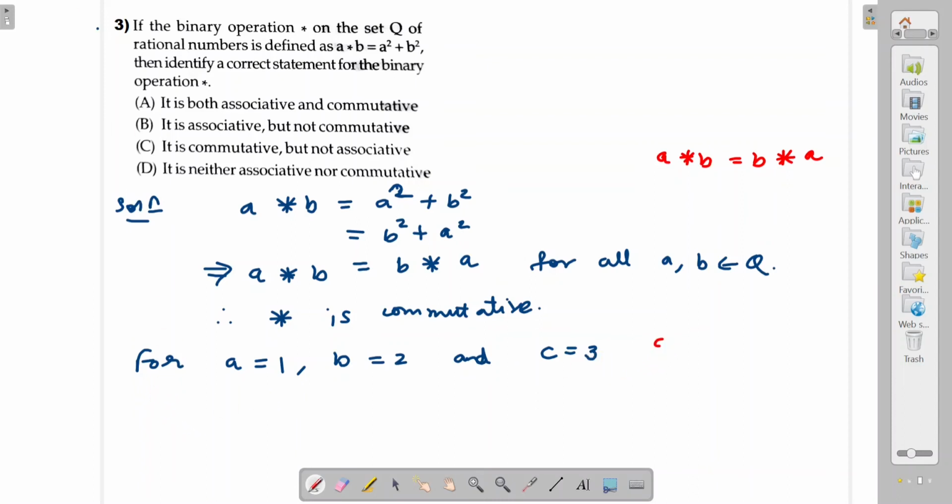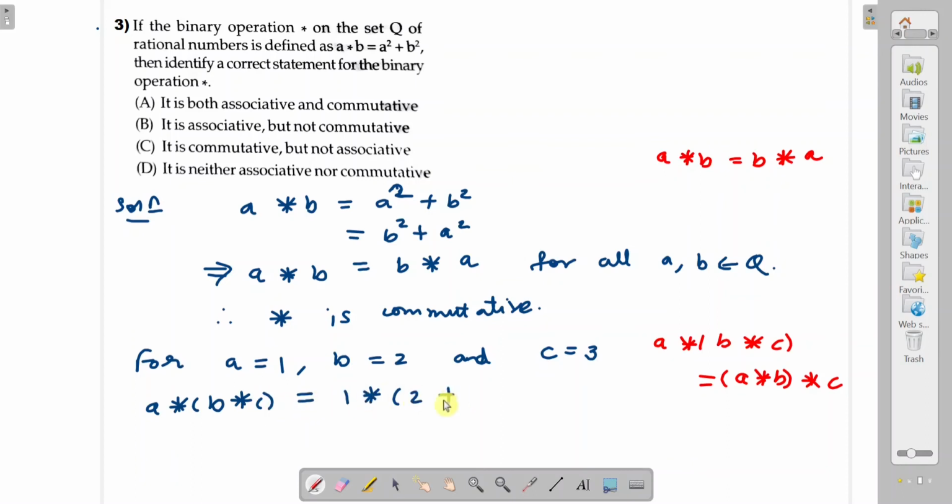Associativity means a star bracket b star c is equal to bracket a star b bracket star c. So let us check a star bracket b star c, and that in this example is 1 star bracket 2 star 3.